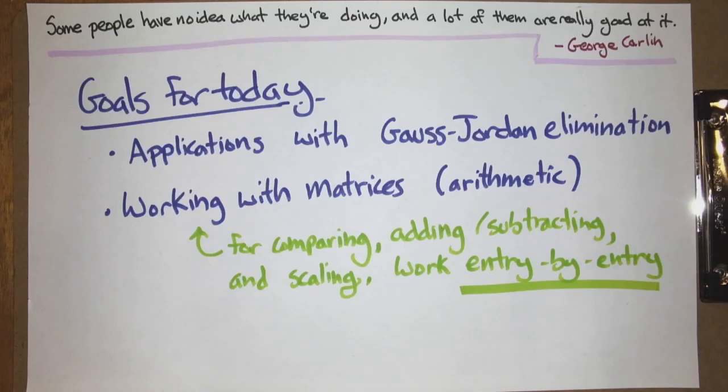If I want to compare two matrices and ask, are these the same? If I want to add two matrices or subtract a matrix from another matrix, I want to scale. The mantra is work entry by entry. So you're just going to do the operation to every single individual entry of the matrix. So that's today.